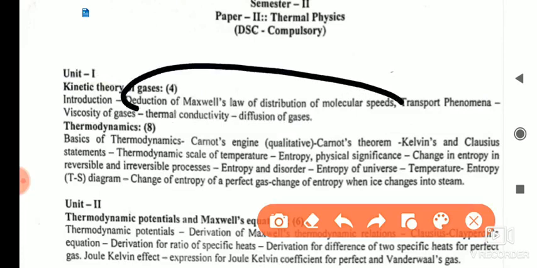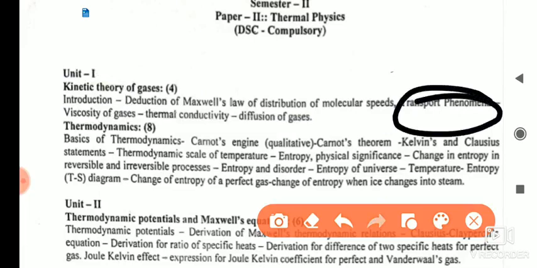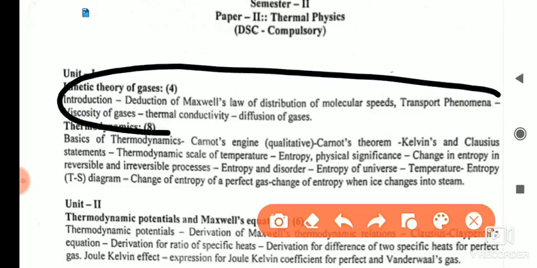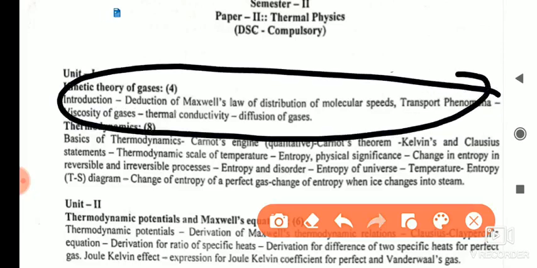Maximum he will ask Maxwell distribution of molecular speeds, or else one application of transport phenomena, for 12 marks. I suggest that if you have less time, prepare only one chapter from the first unit, that is kinetic theory of gases.